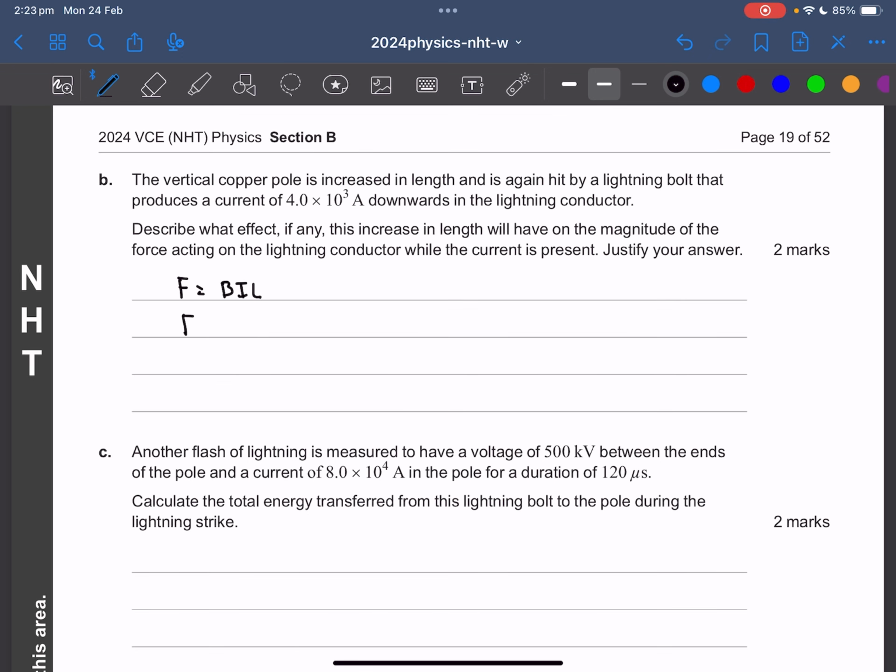As you can see, the force is going to be proportional to the length. So therefore, as L increases, we're talking about the length, F increases.